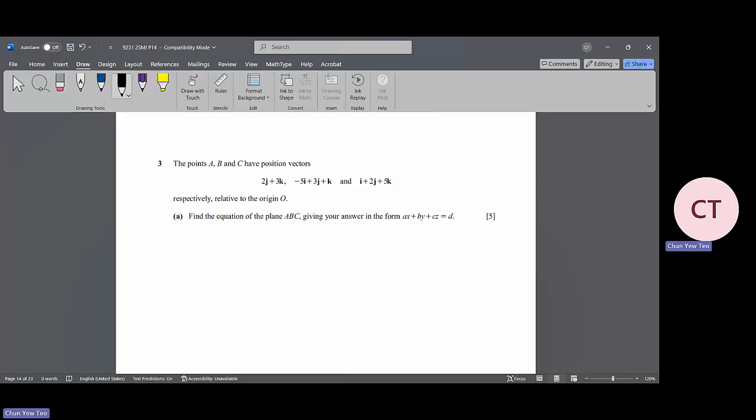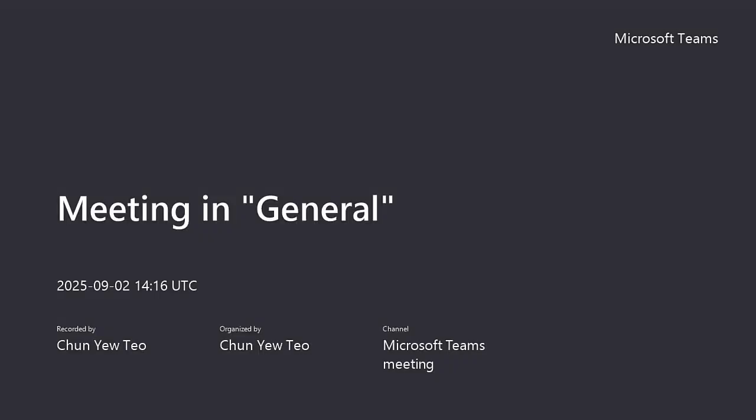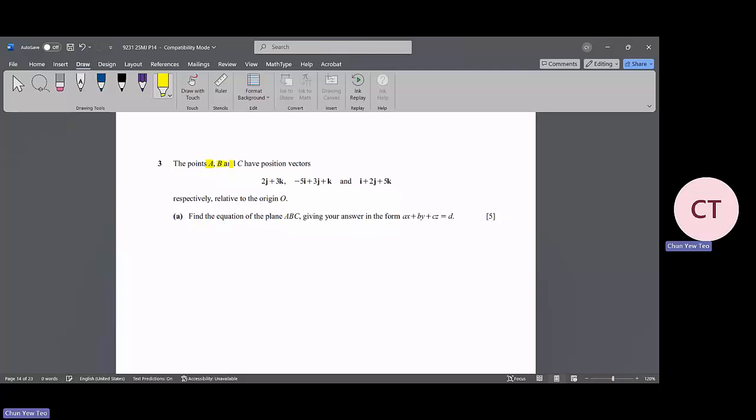Move on, we have question number 3. Have 3 points over here, A, B, C, with position vectors given as the following, relative to the origin. Find the equation of the plane ABC, giving the answer in Cartesian form.